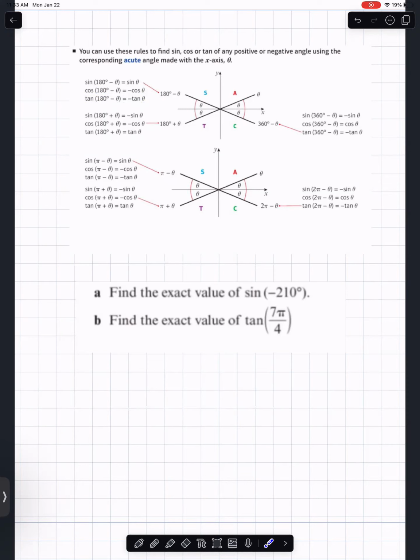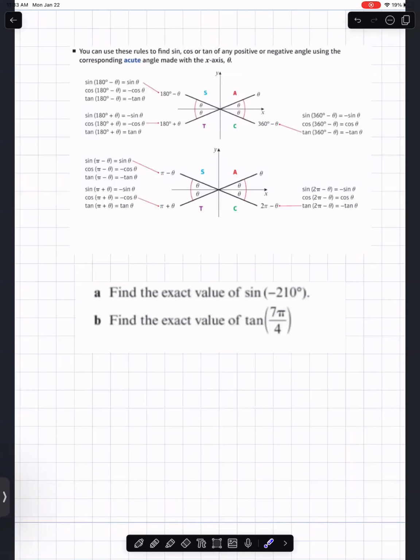Because we say only sine is positive for the second quadrant, then for the third quadrant we have sine of 180 plus theta. That means it's what? Negative sine theta. Then we have cos of 180 plus theta, which is also what? A negative cos theta. Then tan of 180 plus theta will give us what? Tan theta, which is positive on that axis.